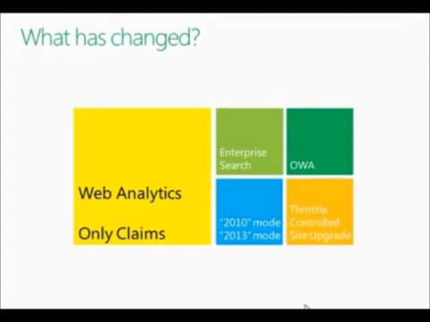The other piece of it is OWA. Office Web Applications is no longer built directly into the 2013 environment as a standalone service application. It has been branched out to be overall more flexible in terms of larger deployments, and it actually keeps things more simple by branching it out.